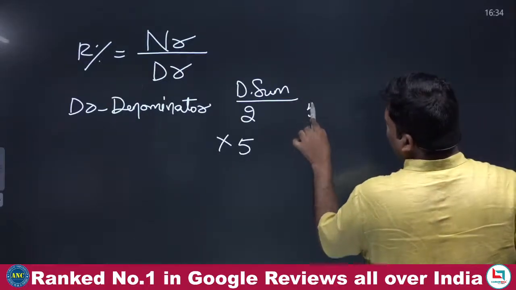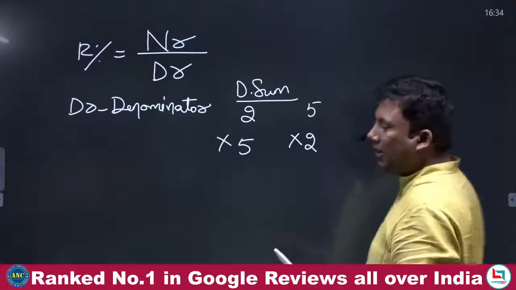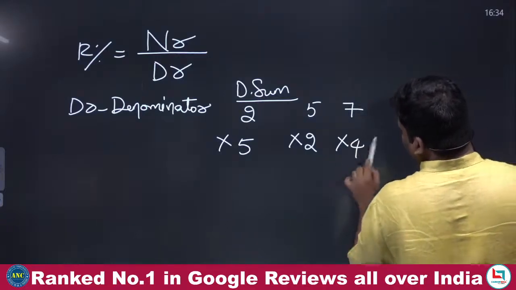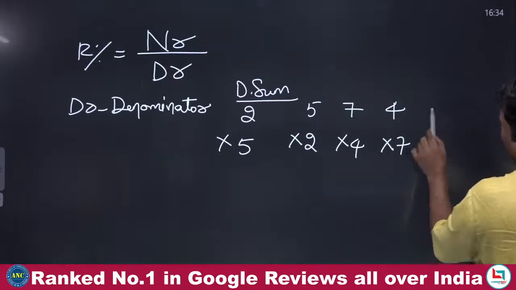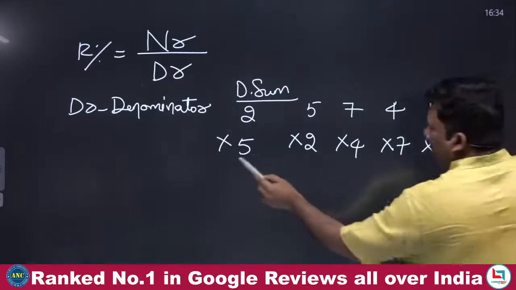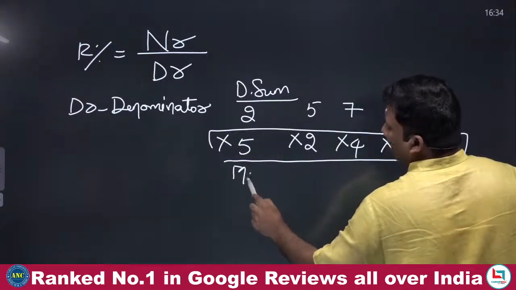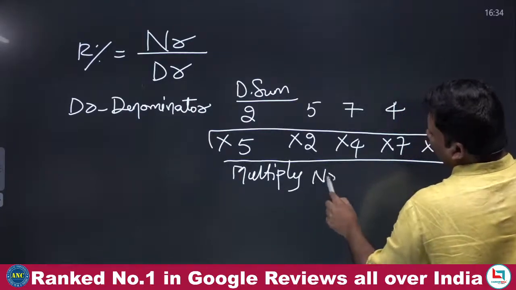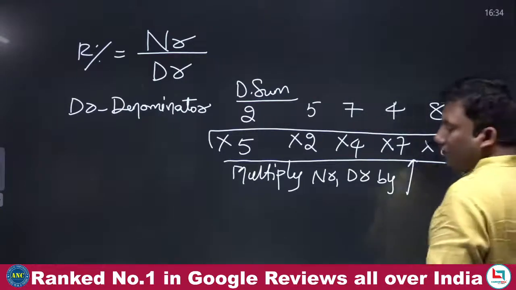Vice versa, if the denominator is 5, multiply the numerator and denominator by 2. If the denominator is 7, multiply by 4. If it is 4, multiply by 7. If it is 8, multiply by 8. Multiply with these values, numerator and denominator, to find out the digital sum easily for a fraction.